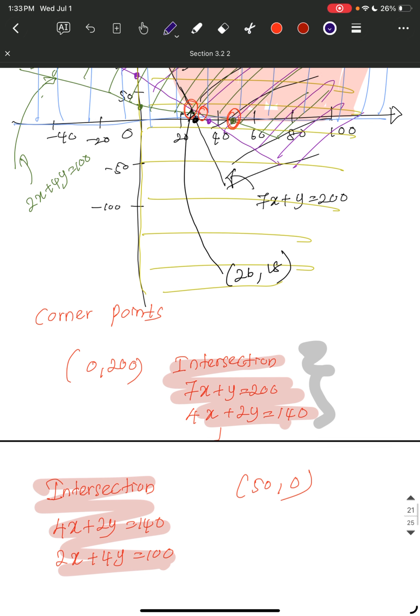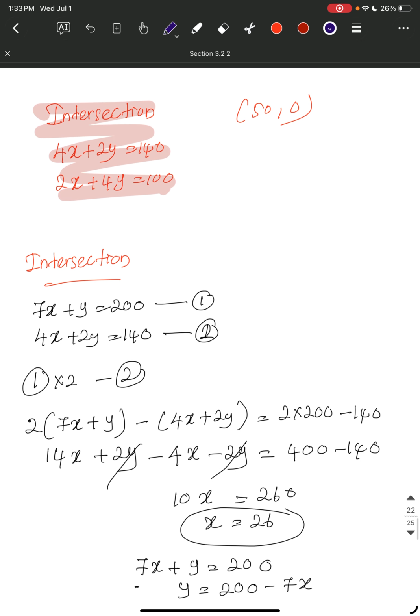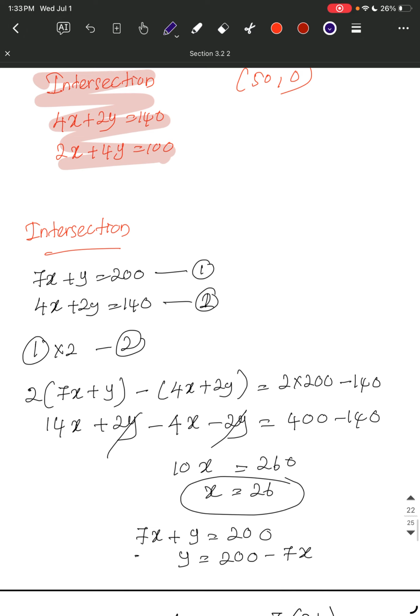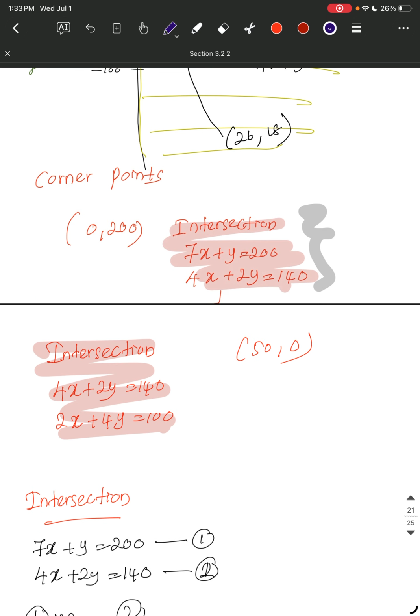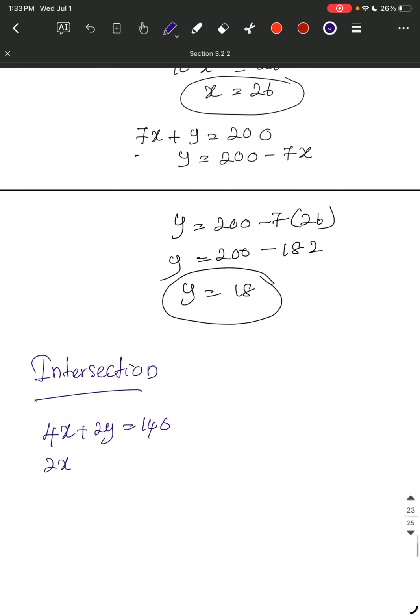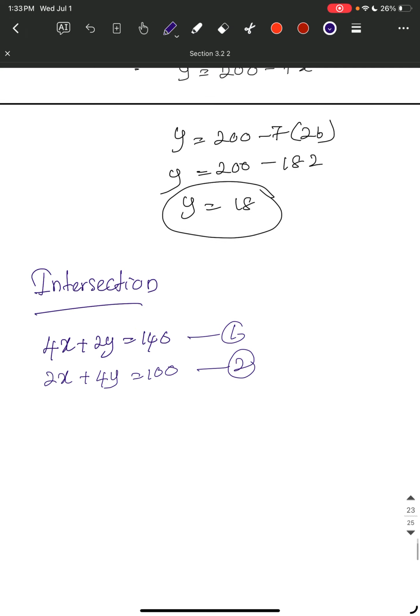Intersection of purple and green lines. So 4x plus 2y equals 140. And 2x plus 4y equals 100. 1, 2. Easy to do that. So 1 minus 2 times 2, 4x plus 2y minus 2 times 2x plus 4y.